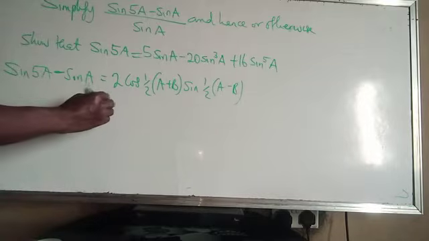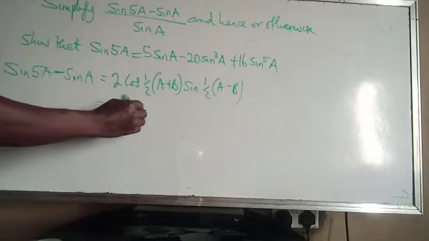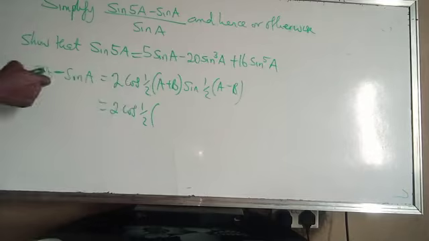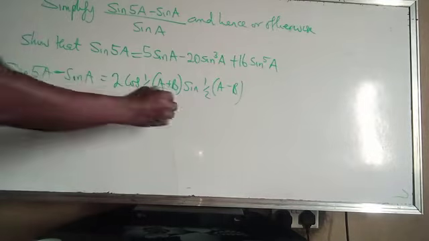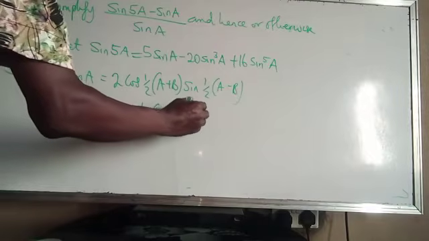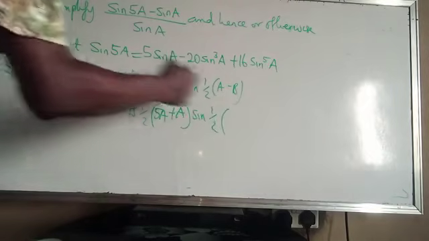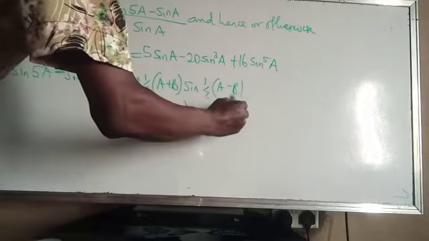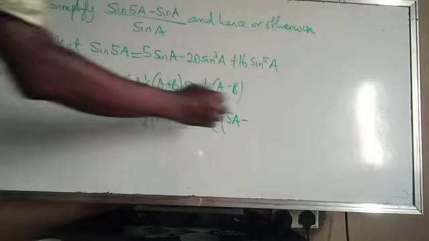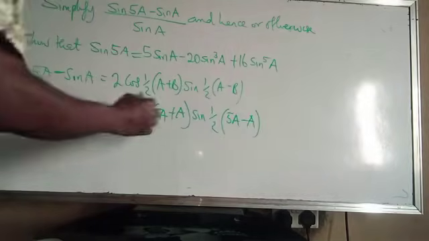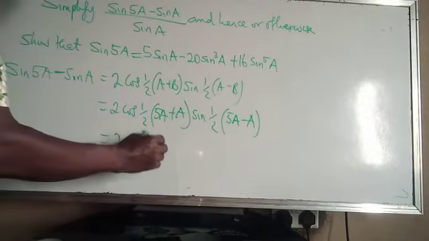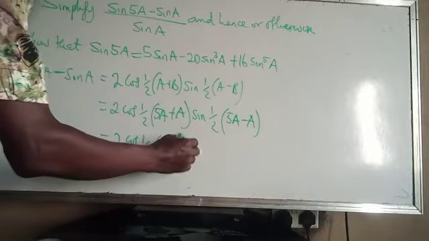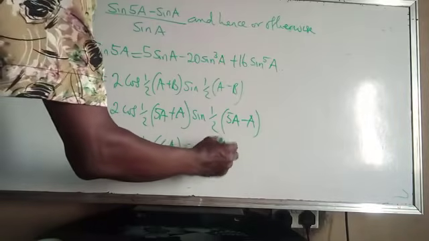So that implies 2 cos half into A plus B, where A here is 5a and B here is a, sine half into A minus B, that is 5a minus a. So I have 2 cos half into 6a, sine half into 4a.